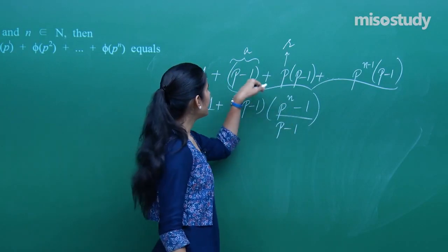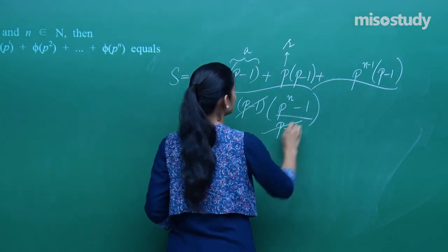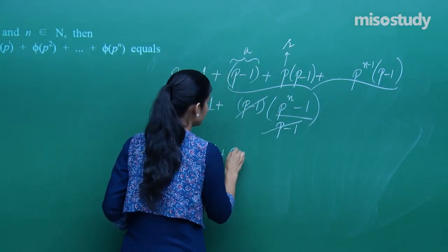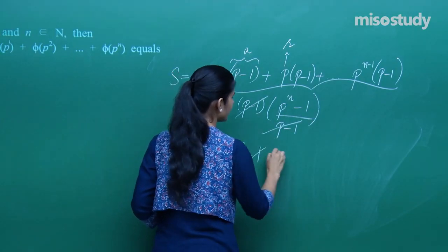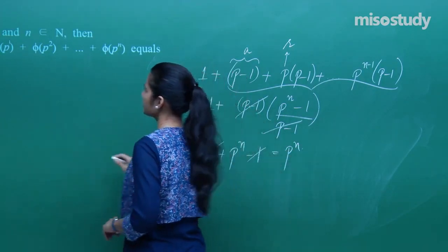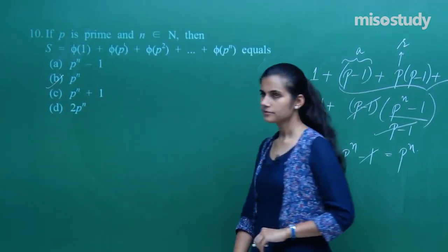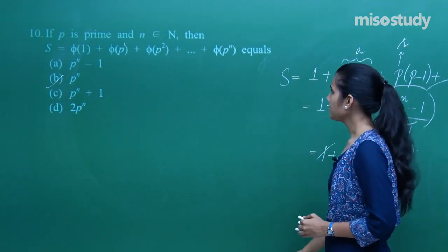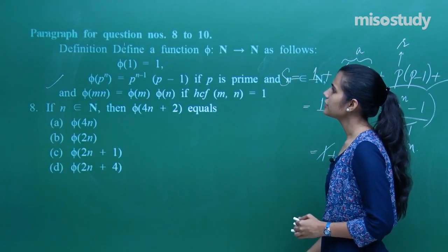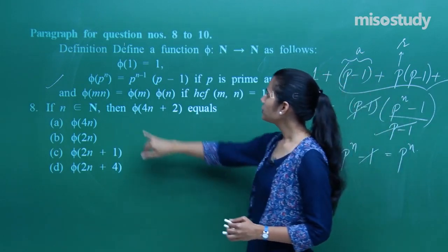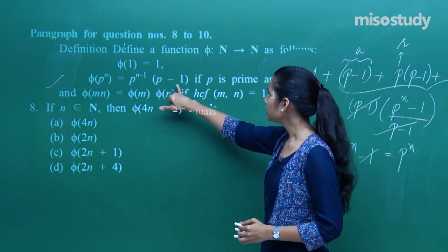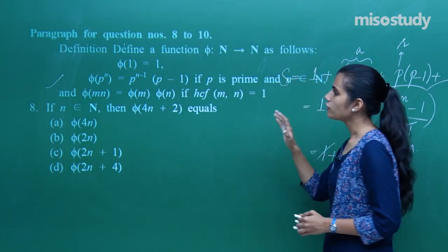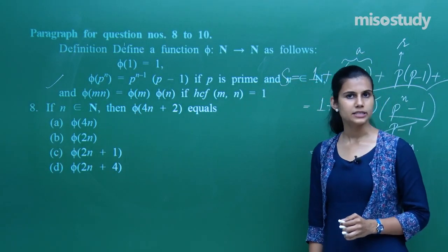Because r is p and a is p minus 1, this gets cancelled. You have 1 plus p to the power n minus 1, and your answer is just p to the power n. So based upon the very basic definition which is given to us, that phi of 1 is 1 and phi of p to the power n is p to the power n minus 1 into p minus 1, I have basically resolved all the available questions after this in this paragraph.